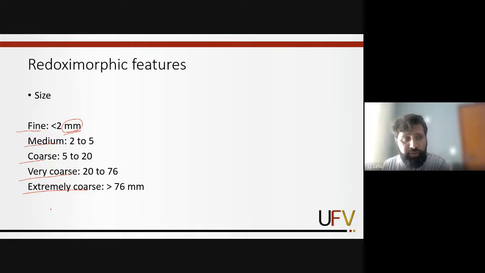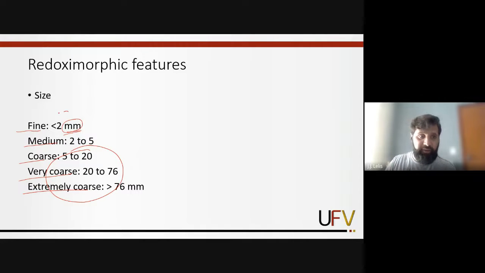It's quite important too, because fine materials represent areas that are not so influenced by water, and coarse, very coarse, and extremely coarse materials indicate that there is an area where we have a lot of concentration or depletion of iron and manganese. So in areas that have a lot of gravels or bodies that are very, very big, huge in size, we should understand that the intensity of the process of depletion or concentration is high.